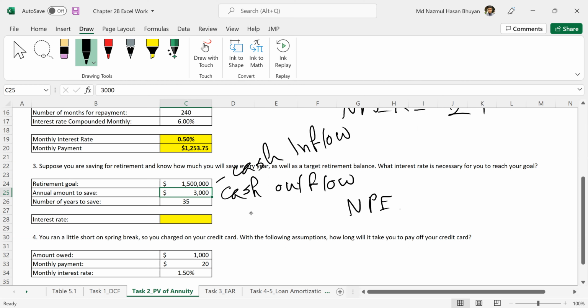Therefore, total number of months per year is 12. And then monthly interest rate. Here the interest rate is already converted into monthly, so it is your rate. Your rate should be your monthly interest rate and it is already provided. You don't need to break down the annual interest rate or APR into a monthly interest rate.